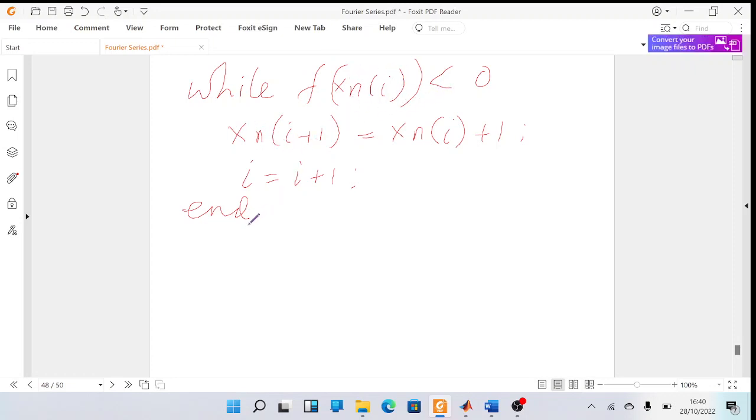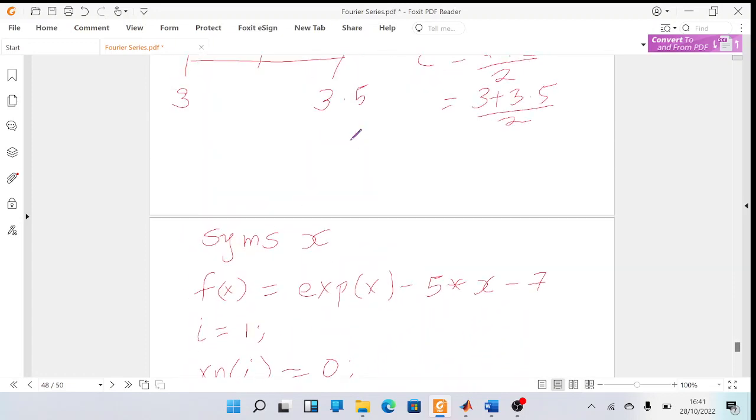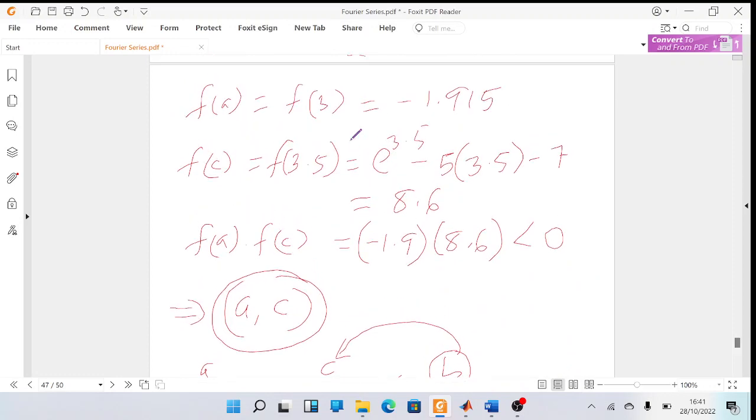So once that is determined, then we can set the value of a and b. B we shall set as the value xn(i) and a as xn(i-1). So that if xn increased from 0 to 1 to 2 to 3 up to 4, let's use the values that we have here.